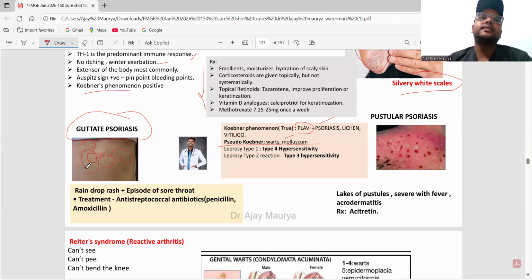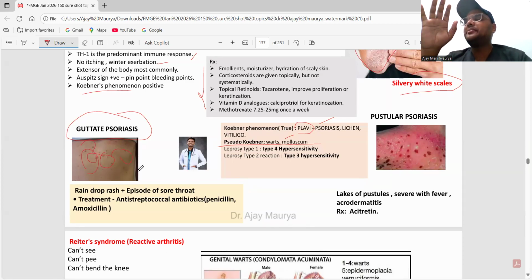Guttate psoriasis is due to sore throat, meaning a child is suffering from sore throat and developed rashes here, at the back. When you examine and see raindrops are present, you are going to ask the patient whether he is having sore throat or not.